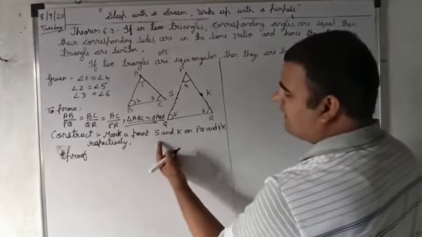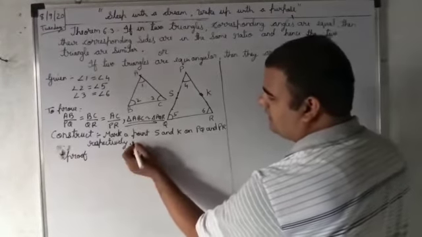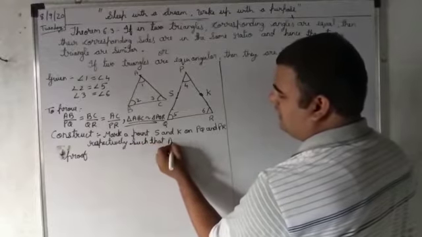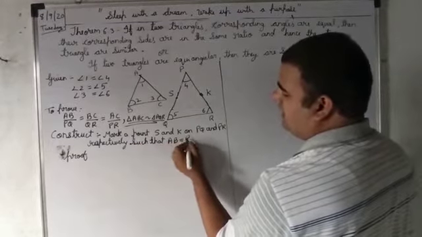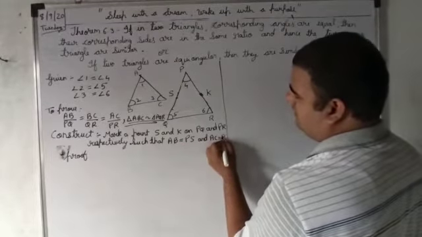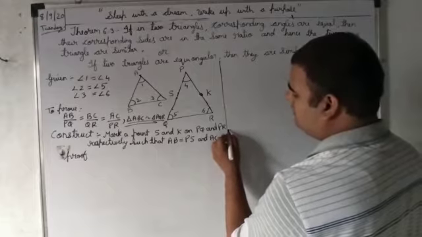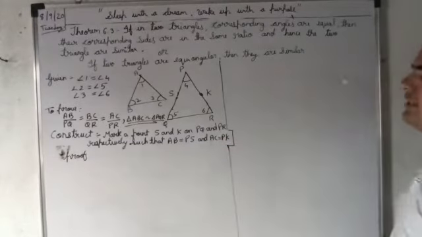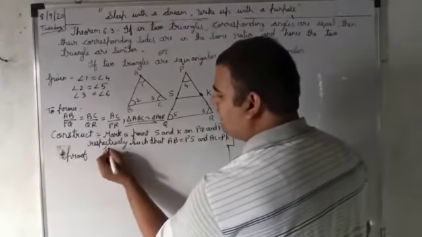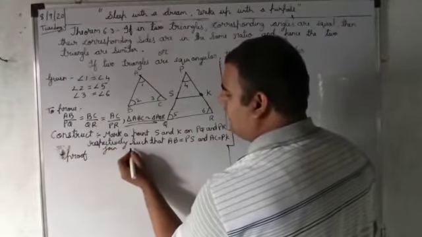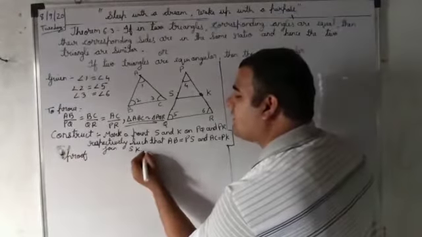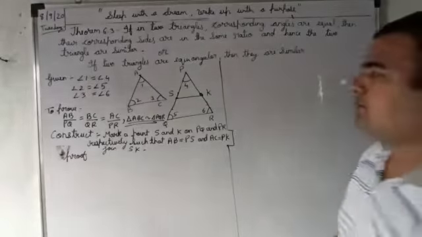Mark a point S and K on PQ and PR respectively, such that AB equals PS and AC equals PK. Then join SK. After joining SK, now we will write the proof.